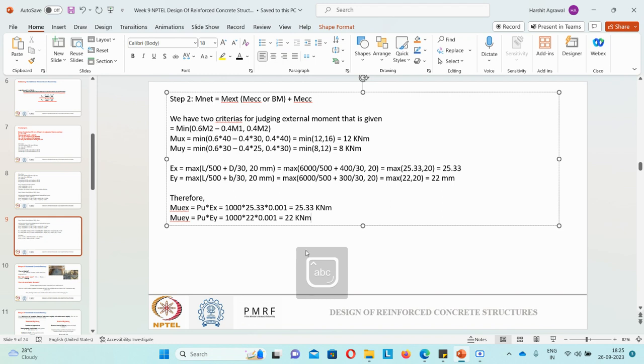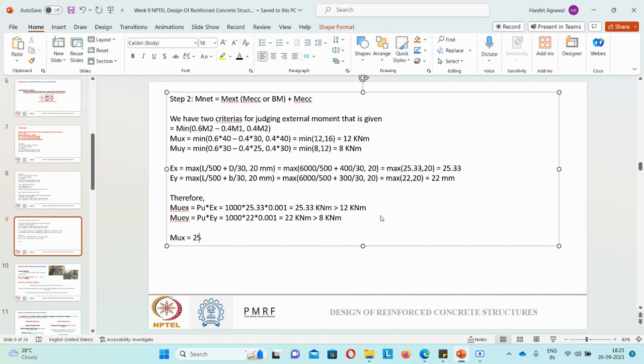Now compare these values with these values. Since this value is more than 12 kilonewton meter and this value is more than 8 kilonewton meter, we can write that the external moment to be considered will be 25.33 kilonewton meter along the x direction, and MUY will be 22 kilonewton meter along the y direction.